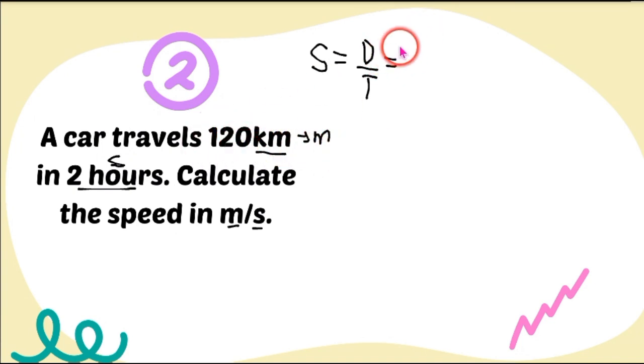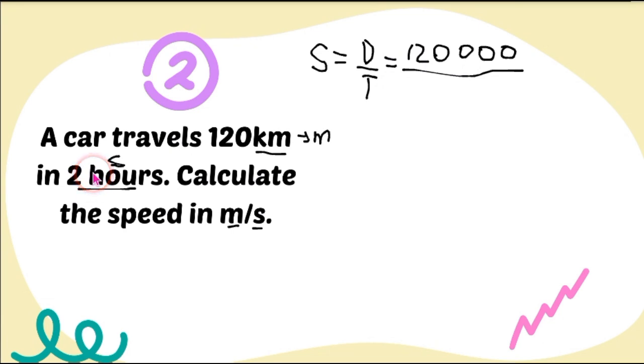So if you do that, 120 kilometers in meters is going to be 120 times 1000, so that will give us 120,000 meters. 1000 meters is 1 kilometer. Okay, so 120,000 there divided by the time.